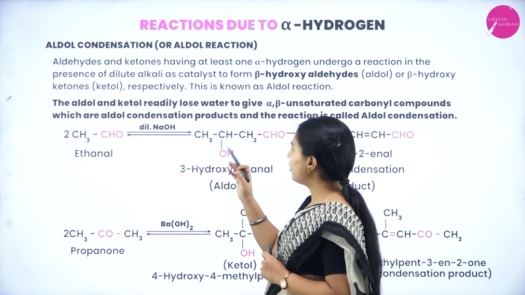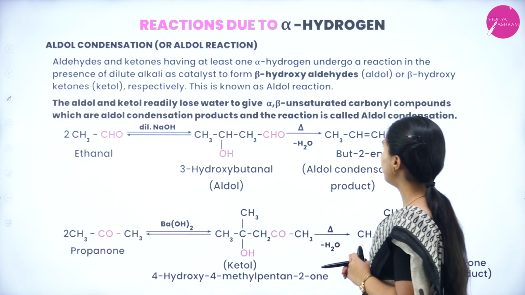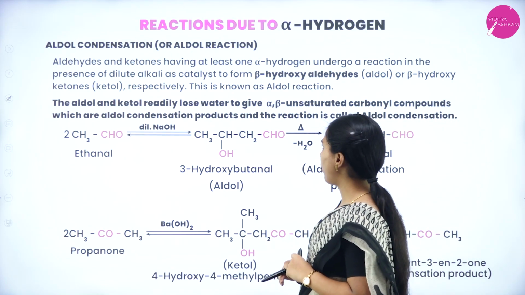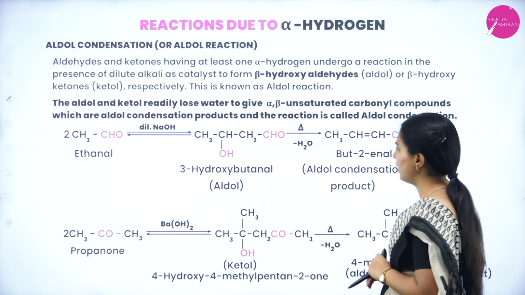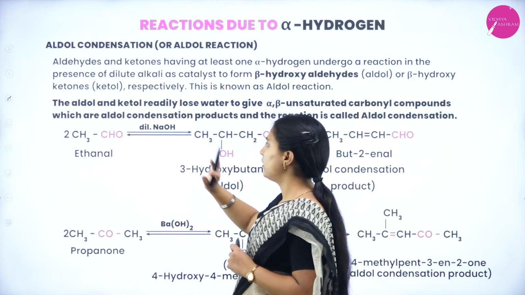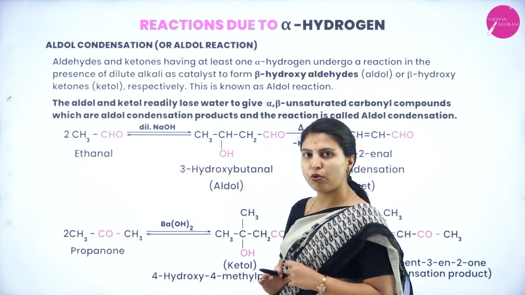The aldol or ketol readily loses water to give alpha beta unsaturated carbonyl compounds, which are aldol condensation products, and the reaction is called aldol condensation. This is ethanal, an aldehyde, treated with dilute alkali, sodium hydroxide.